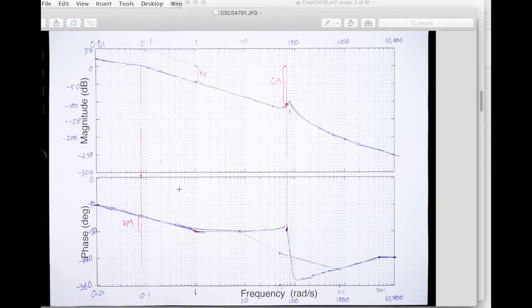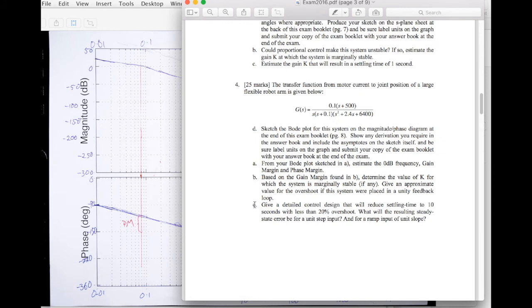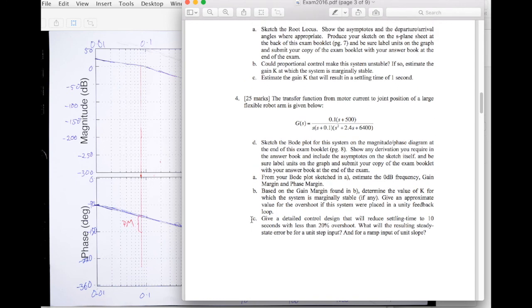Okay, so if we move on now, we've got those gain and phase margins. From there, it's a simple calculation to estimate an overshoot and calculate how much gain would be required. So if we go into the final part, which unfortunately here is labeled C, but should have been D because of some labeling mix-up in Microsoft Word.